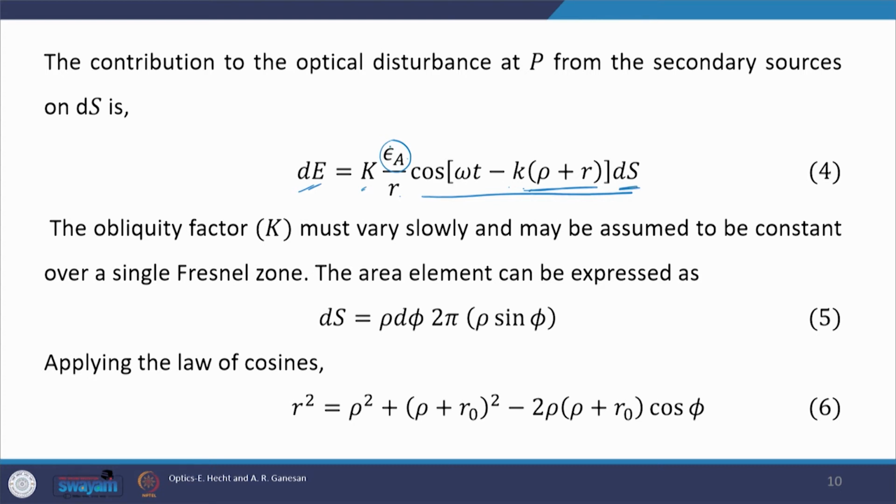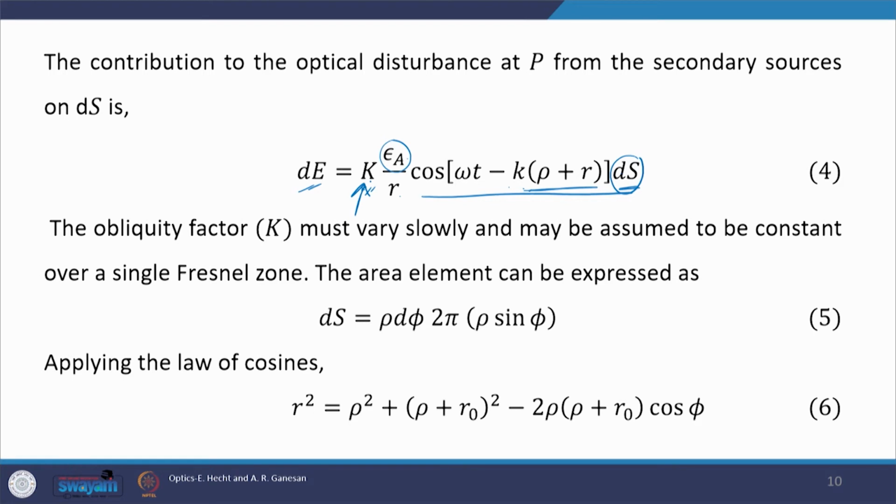Epsilon a is source strength per unit area, but for area dS we will have to multiply epsilon a with dS to get the complete source strength information. K is the obliquity factor here, which dictates the variation of dE with theta, because the wave propagates in all possible directions, so it decides what amplitude goes in which direction. Therefore, we have multiplied it following the Huygens-Fresnel principle.